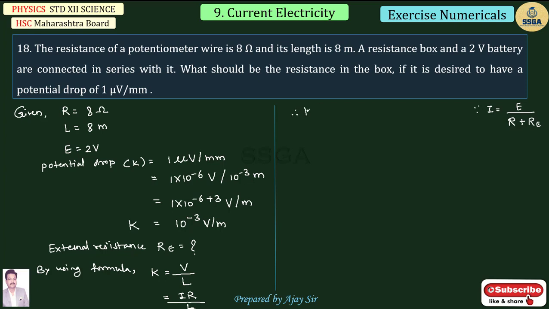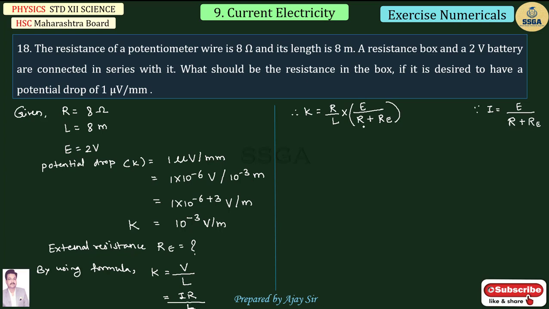Therefore K, which is equal to I into R divided by L, will be R by L into E divided by R plus R_E. Let us first rearrange the terms because we want R_E, and then we will put the values.